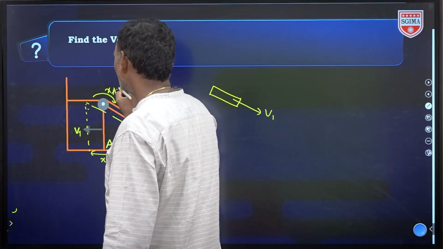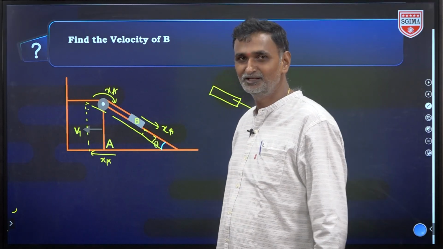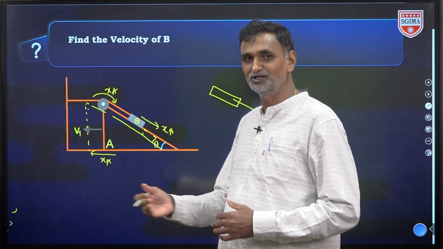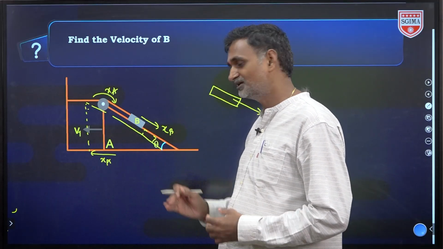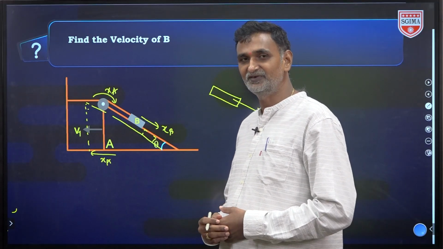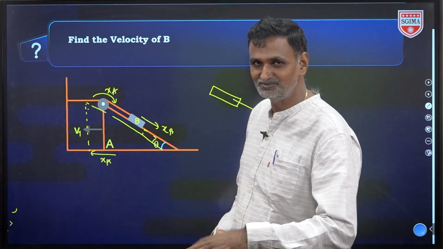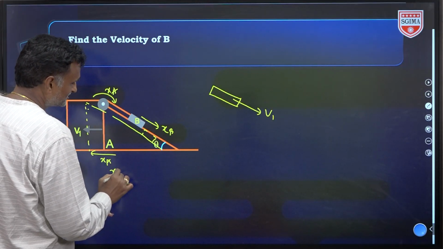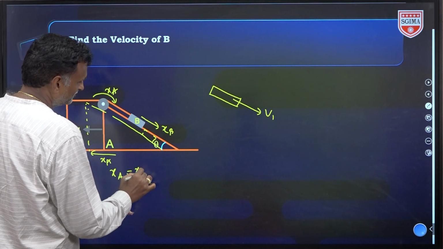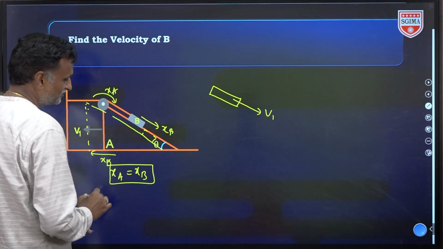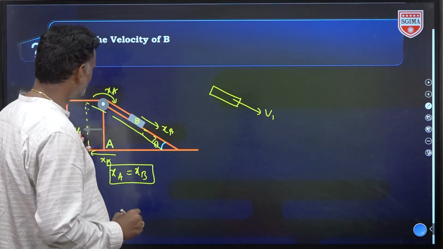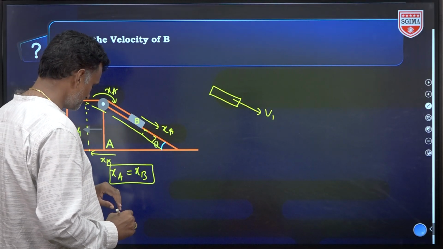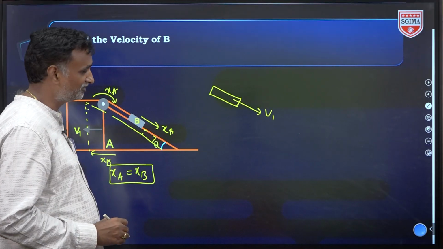So xb equals xa. Whatever terms I used in the last questions, xa and xb, both are the same, so we can simply write xa equals xb. xa has speed V1, and xb must also have speed V1.